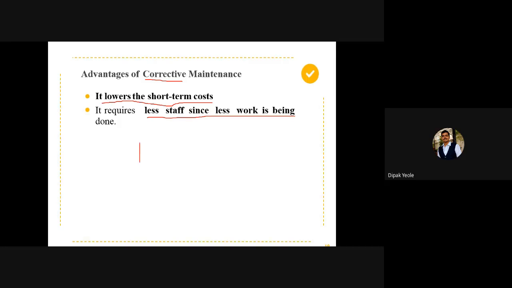Obviously, if the fault occurs in one particular part, then we need a small amount of staff. If the plant is big, we have to identify the area first, then identify the equipment, and carry out the maintenance procedure. So it saves time and lowers the short-term cost.